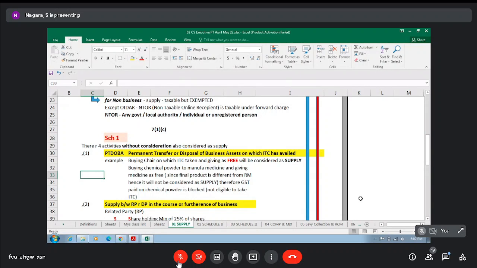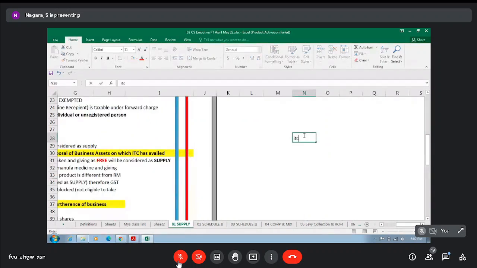What does it mean, sir? Input tax credit. I'm just giving an example. The entire GST revolves around this concept, ITC. Okay. This is the most critical part of GST. We are going to learn this one also. ITC means what I am telling you. Can anyone tell me the journal entry for purchase of goods or receiving the services?